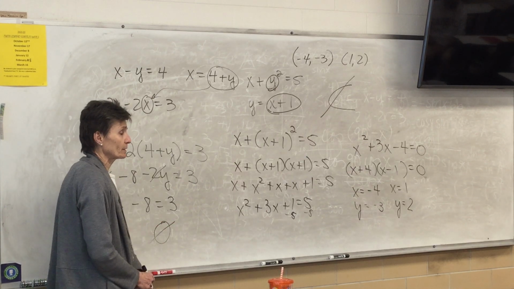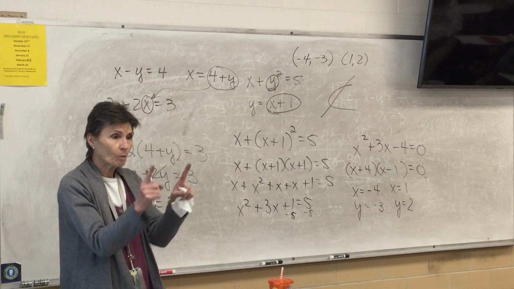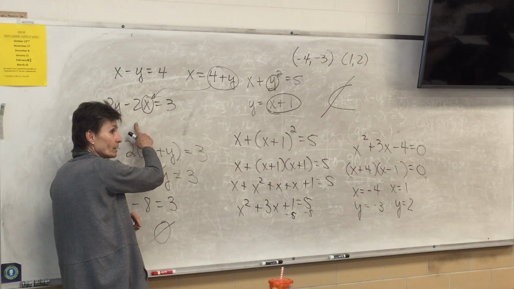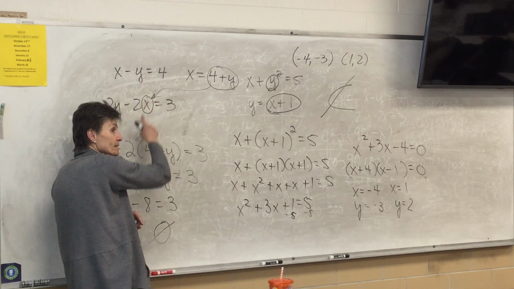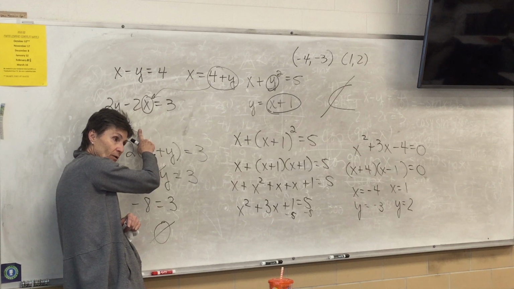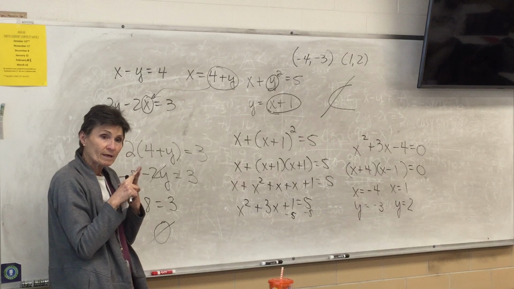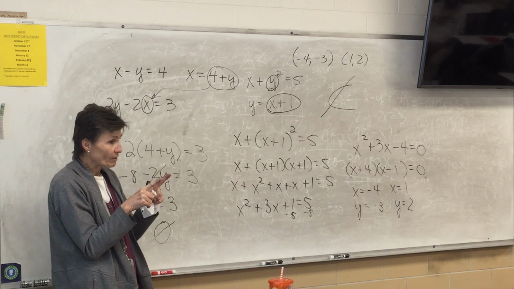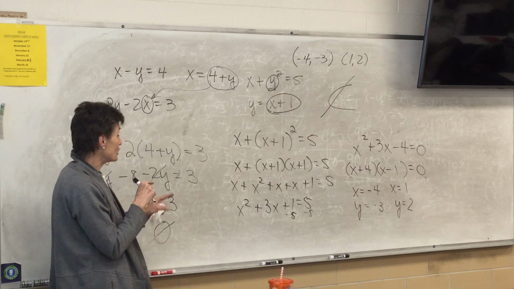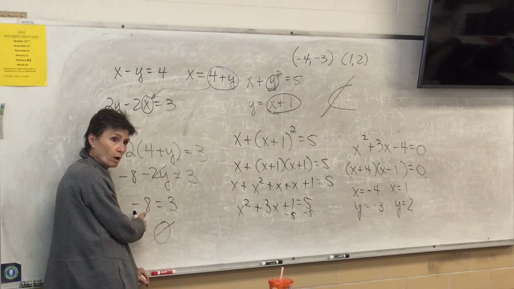So geometrically, if I drew a picture, what's happening? There's no point in common. These 2 lines are parallel. If you graphed these, which you don't have to, they would be parallel to each other. And when we're doing all this, we're trying to figure out where they cross. Well, if they're parallel, they aren't going to cross. So that has no solution. And we knew that because we got a false equation here.